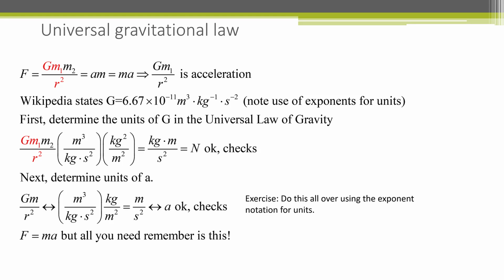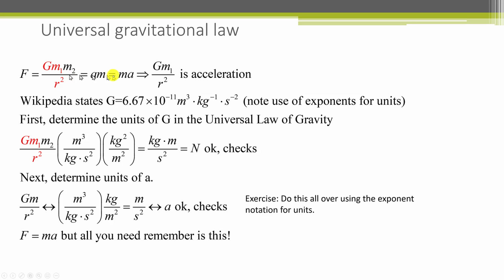Actually, it derives from Newton's universal law of gravitation, which says that the force between two objects is some constant, big G, times the first mass times the second mass divided by the distance between them squared. Masses are idealized as point masses. So on Earth, m1 would be the mass of Earth, r would be the distance from the center of the Earth to the surface.